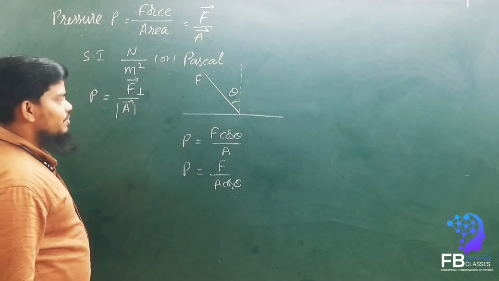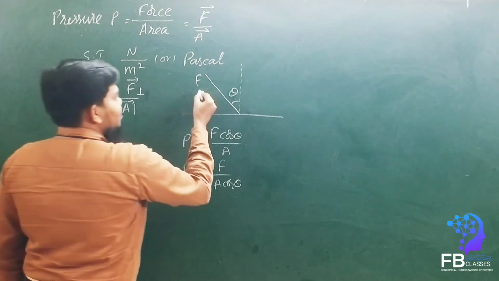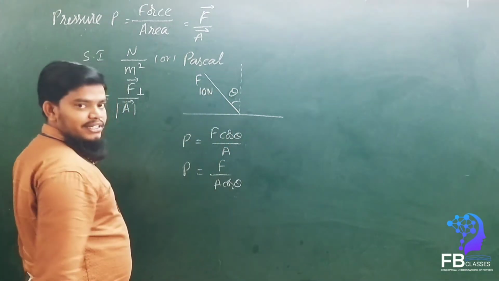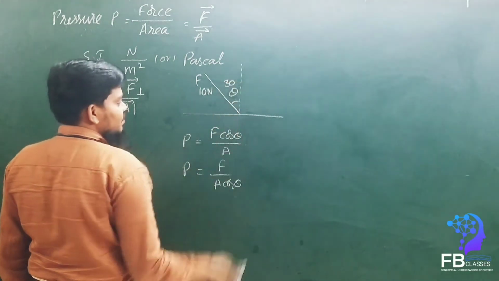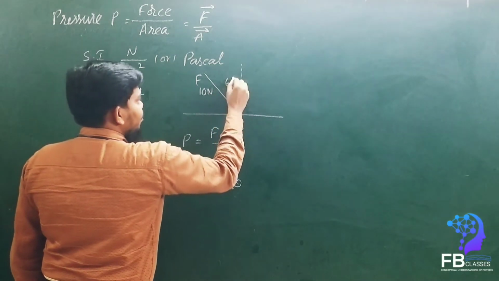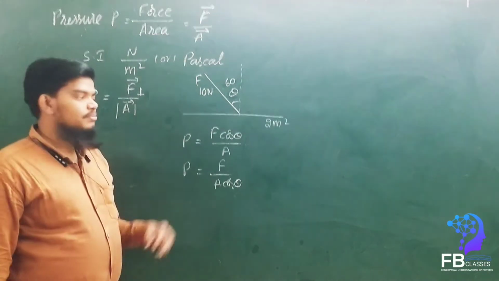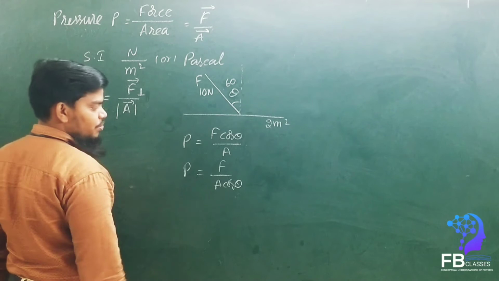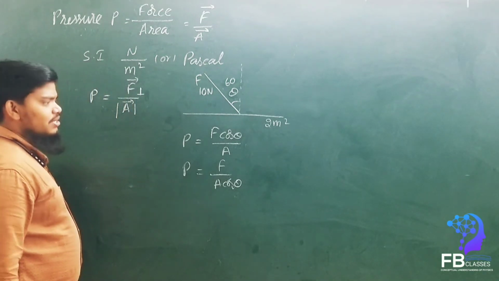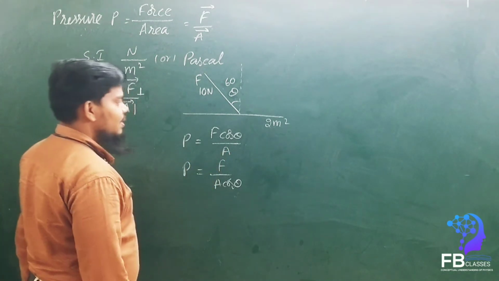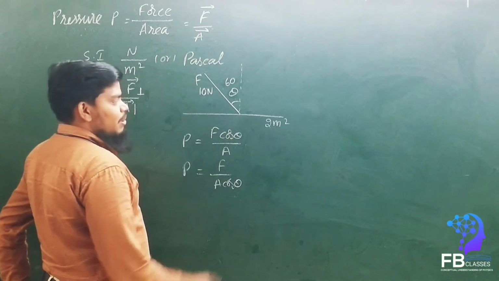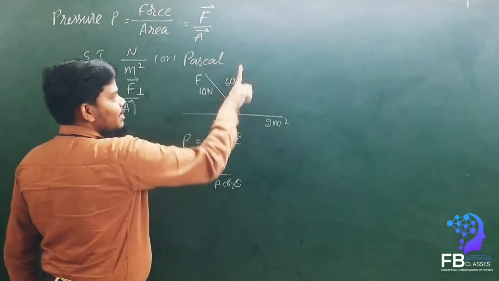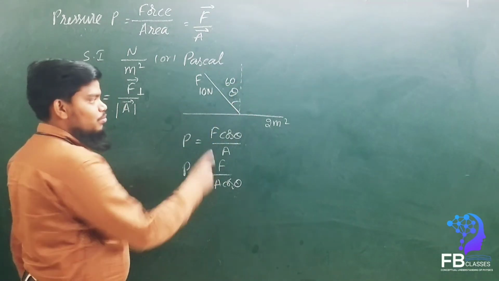For example, take 10 newtons of force and an angle of 30 degrees, or otherwise 60 degrees. Here P is equal to F cos theta by A. If you simply understand the concept, cos theta will be a maximum at 0 degrees, which means the force is perpendicular to the area.